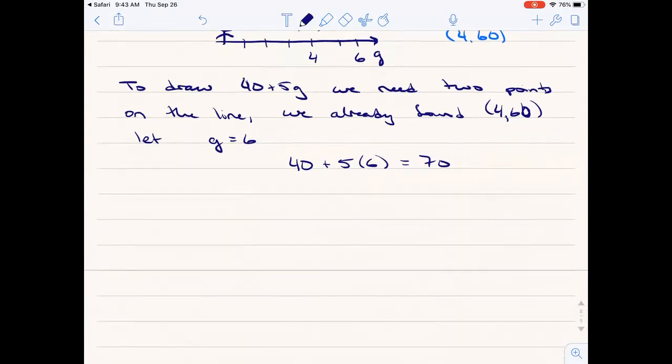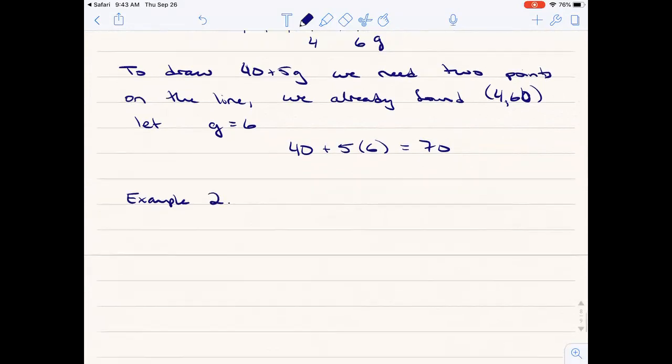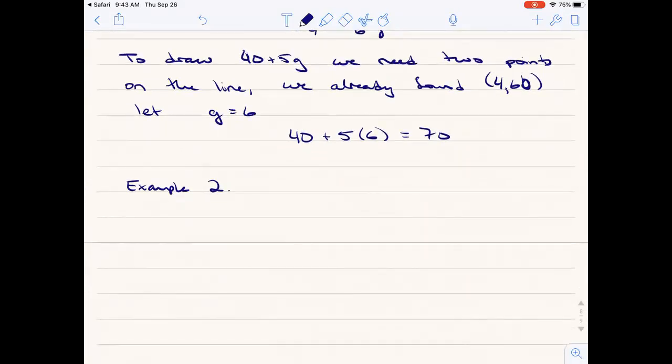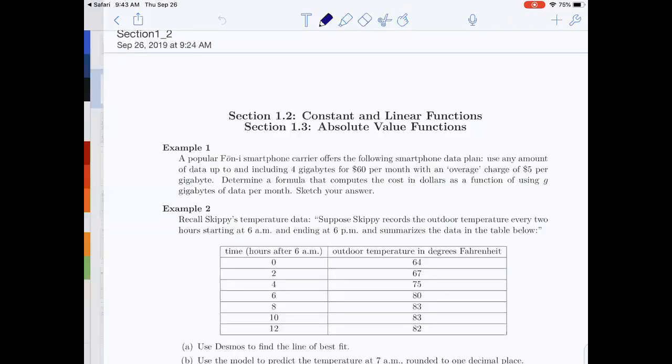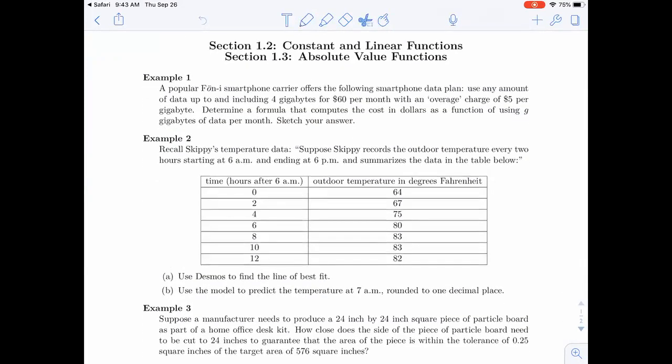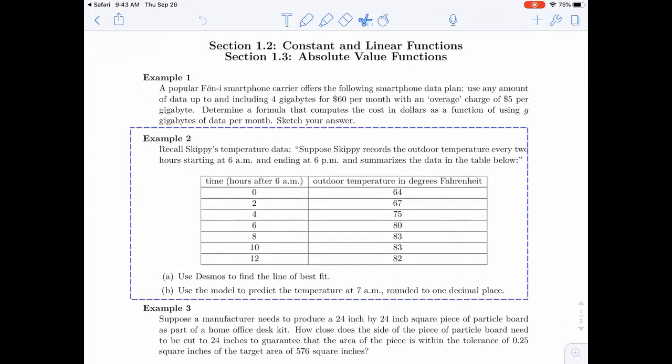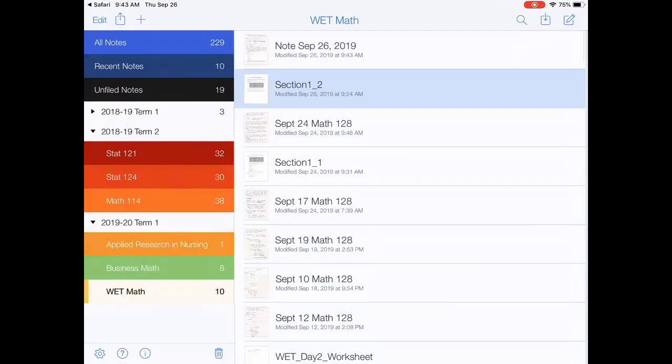Cool. Let's have a look at example 2. It's the same Skippy's data.